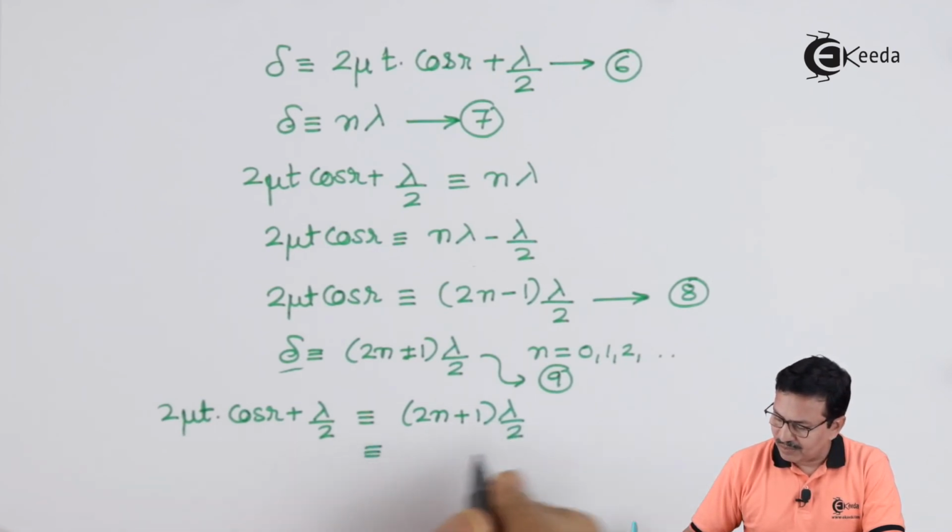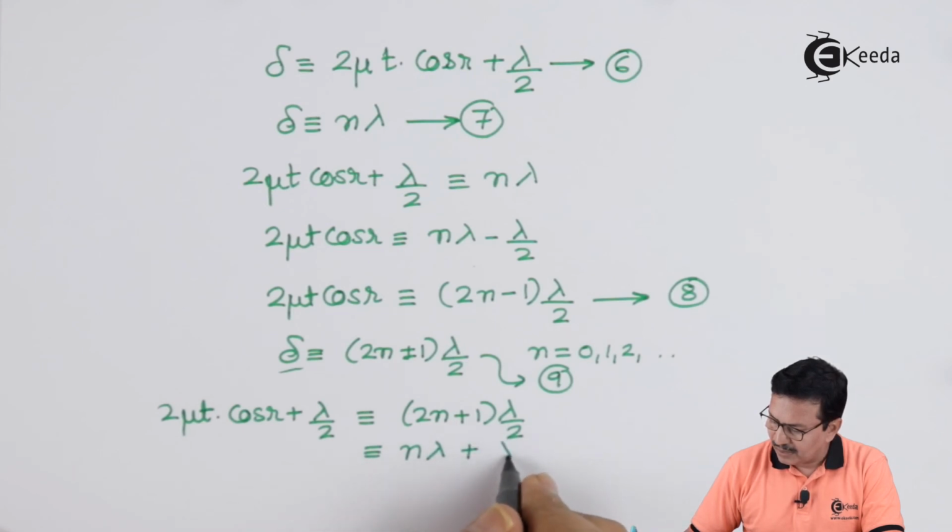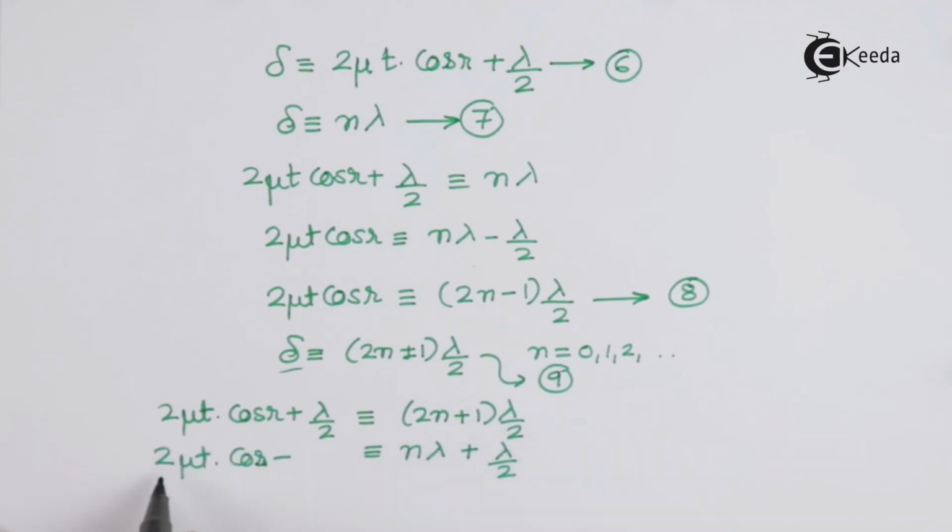And when I simplify this, it is going to be equal to n lambda plus lambda by 2, equal to 2 mu t into cos of r plus lambda by 2.